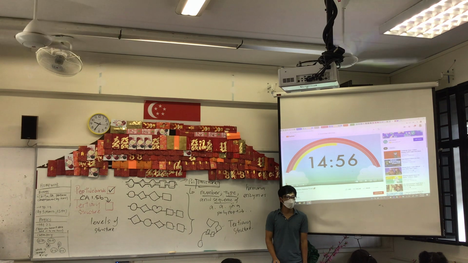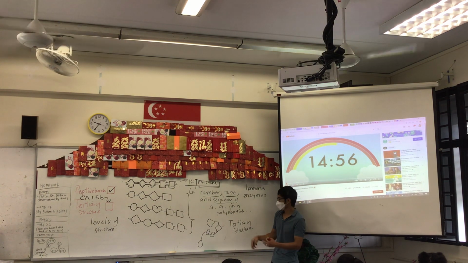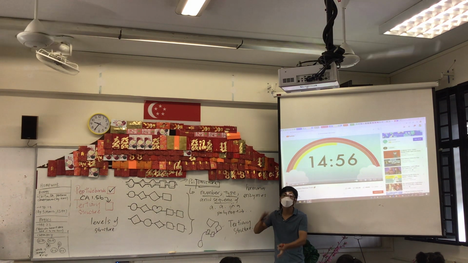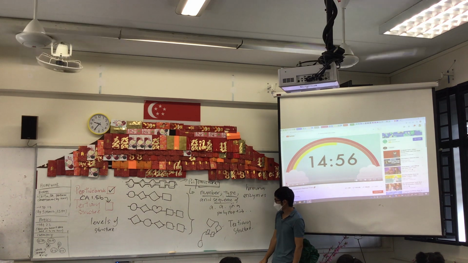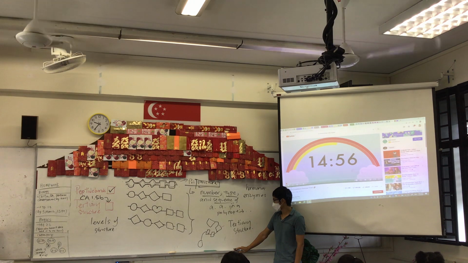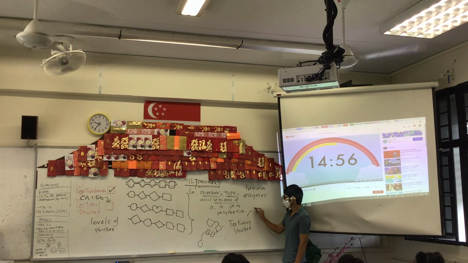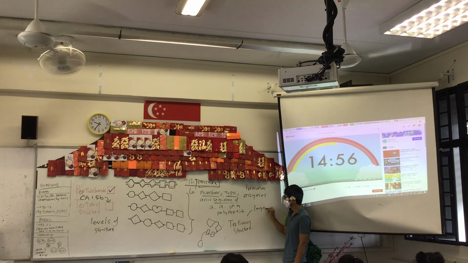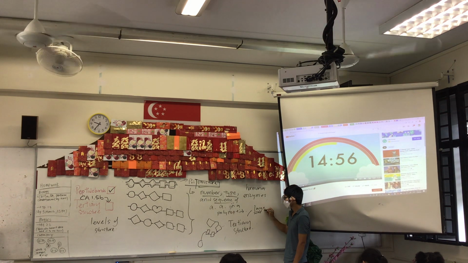A tertiary structure is a structure where the polypeptide is folded on a very large scale. So let me list down some properties of a tertiary structure. Number one, there is large scale folding.